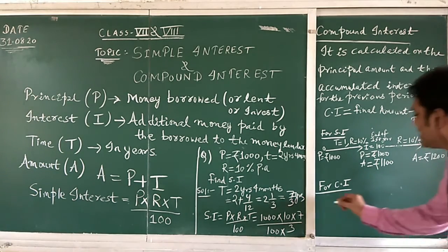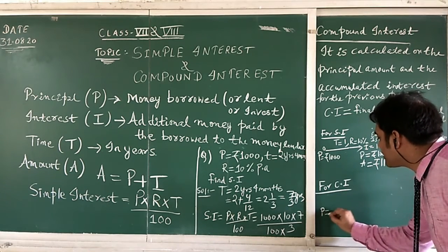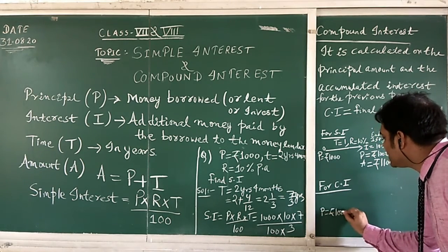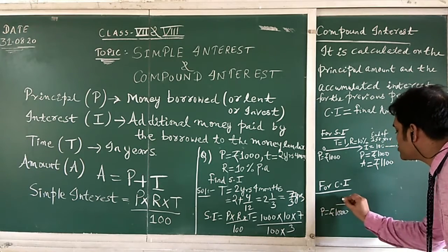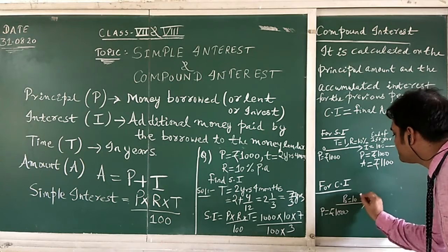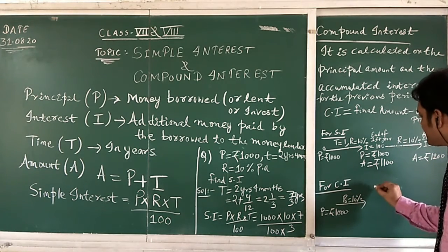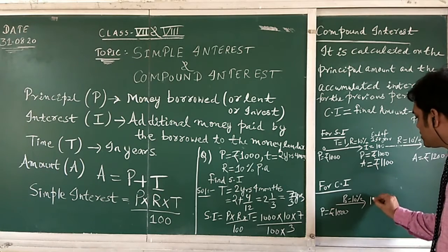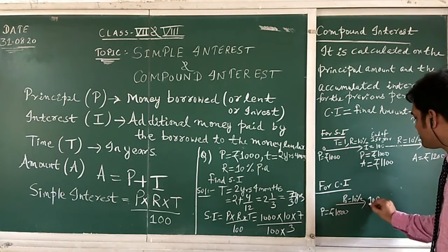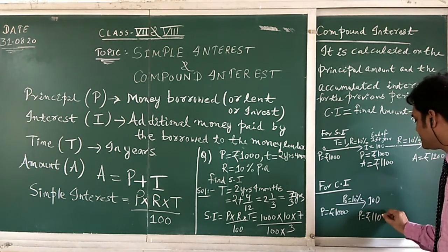Suppose the principal is rupees 1000 here, and the rate of interest is 10%. After the end of 1 year, the interest becomes 100 rupees and your amount becomes rupees 1100.